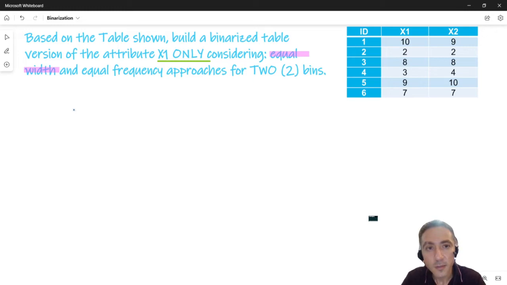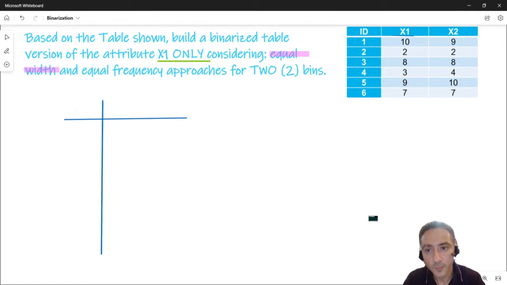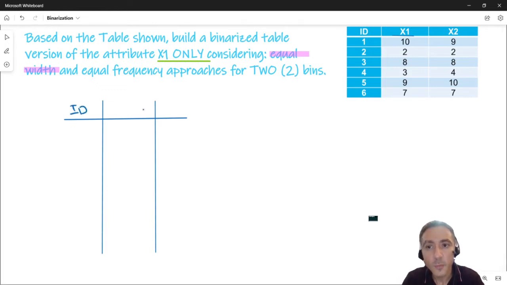So let's start looking into how to represent. Again, we are looking only into x1. So let's see how we're going to represent x1. In this case here is ID, and now we're looking for the range. In order to determine the bin range for each one, again, we have only 2 bins.